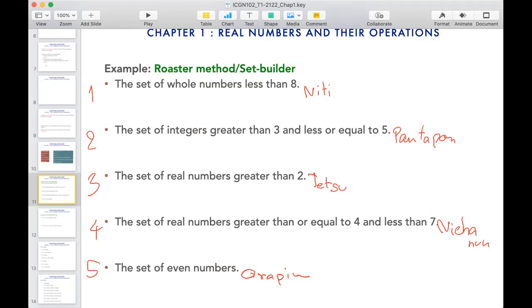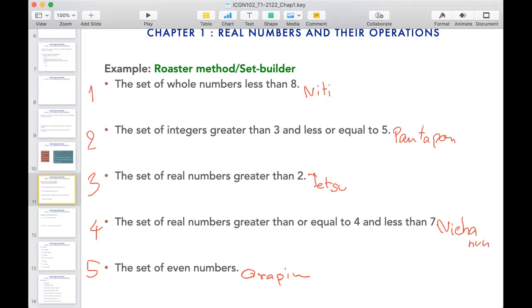So he tried his best to add values like more than 2 and less than 3, and then more than 3, and then pi is 3.14 something until infinity for this set. But anyway, even if we try our best, listing out all the members of the real number set is impossible.